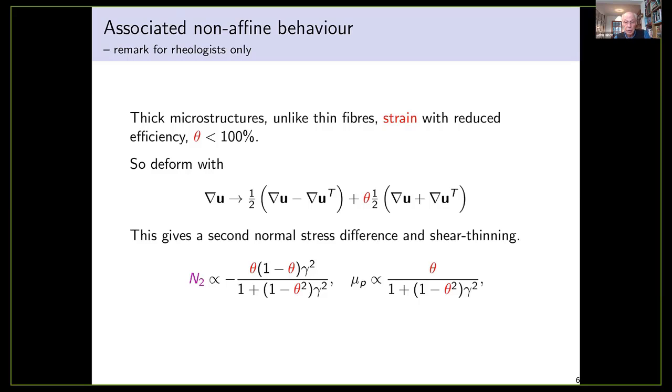But the straining motion is reduced to 50% of the strain rate, the symmetric part of the velocity gradient. So if you put that in your favorite time derivative, what you find is you automatically get a second normal stress difference proportional to that inefficiency, and you get a shear thinning effect as well.